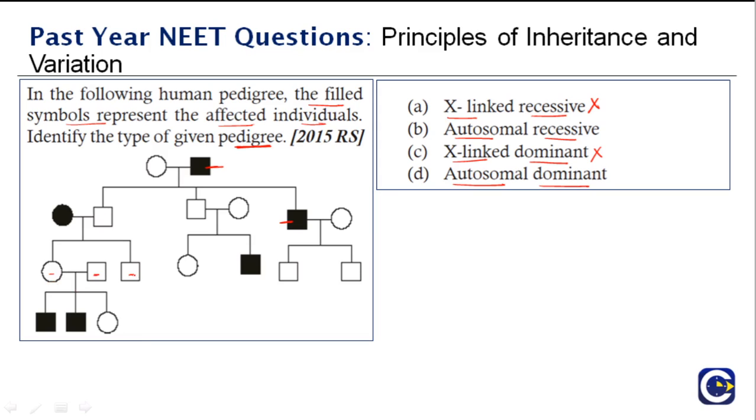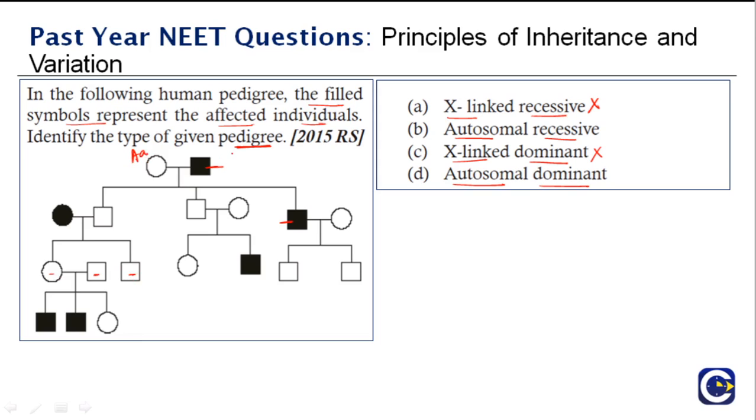So what does this mean? This means that it is an autosomal recessive disorder. Because if it is not autosomal recessive and one of the parents is affected, then definitely the kids will also be affected. So that is how it is. What will be the genotype here?